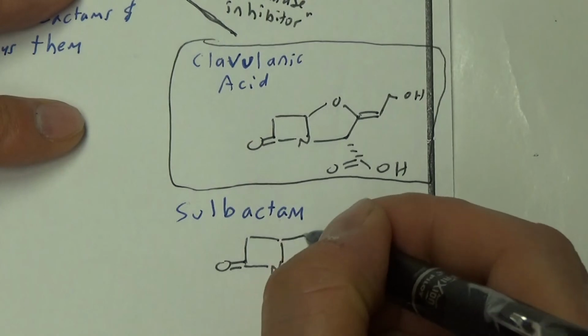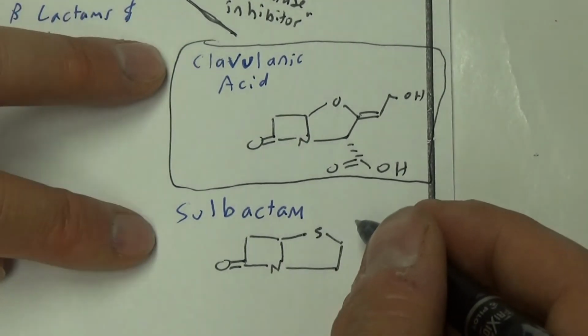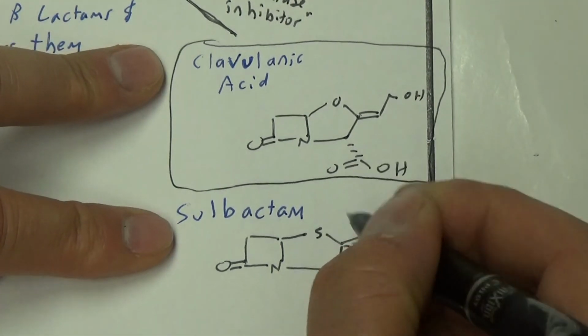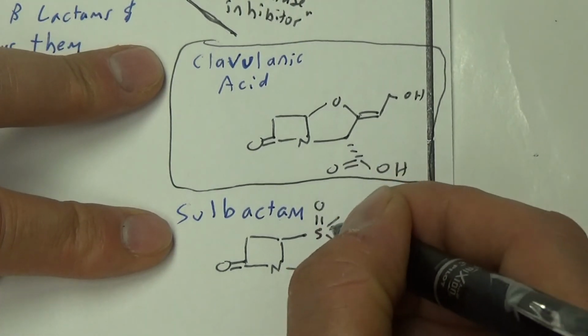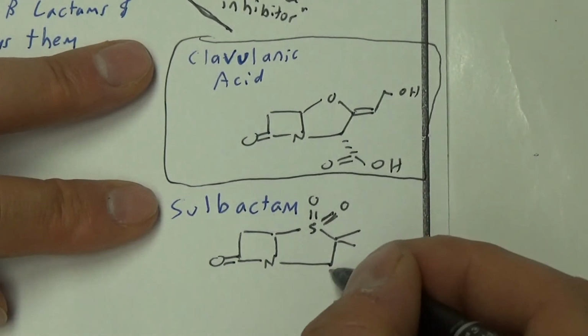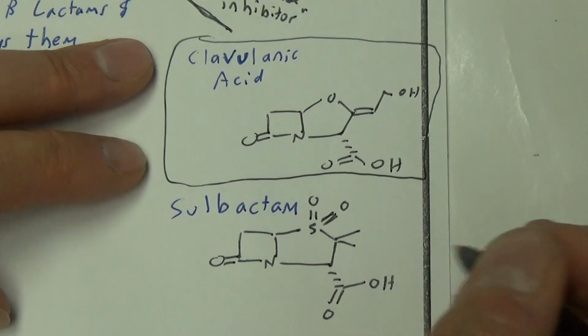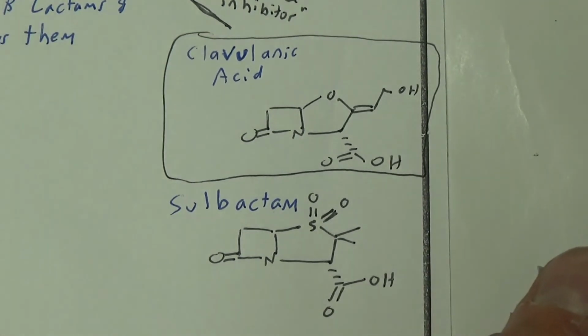It's got a weird functional group up top. Two methyls, double bond O, and the same carboxylic acid. Sulbactam. All right.